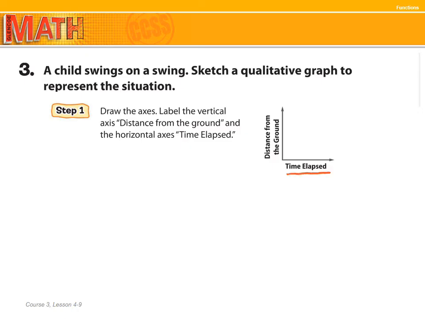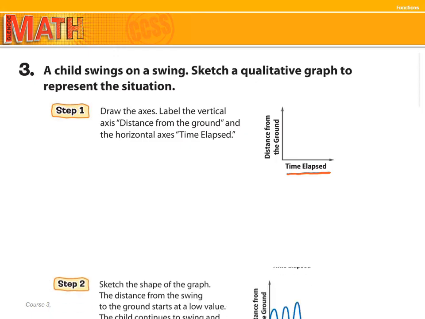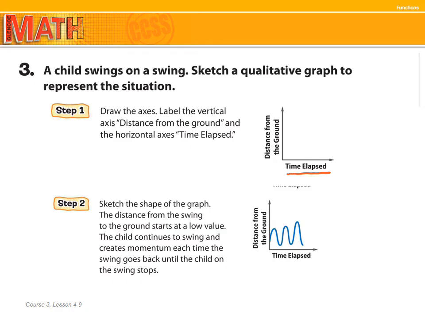So imagine a kid that's swinging. They start off from the ground, go up, come back down, go up, come back down, over a certain amount of time. So our graph would look something like this. You sketch the shape of the graph, the distance from the swing. Again, we're measuring distance from the ground, so we're not on the ground.